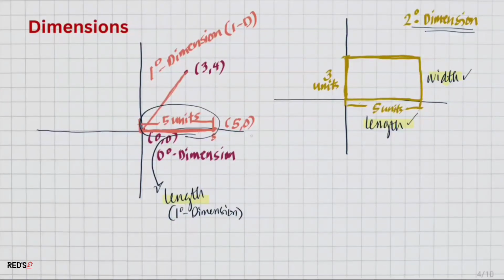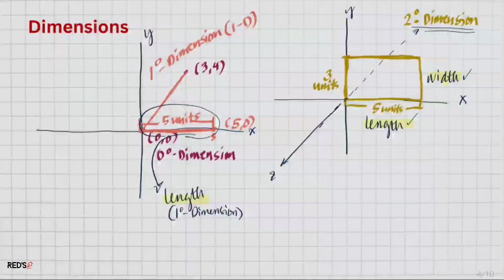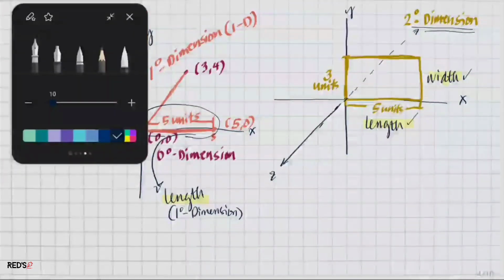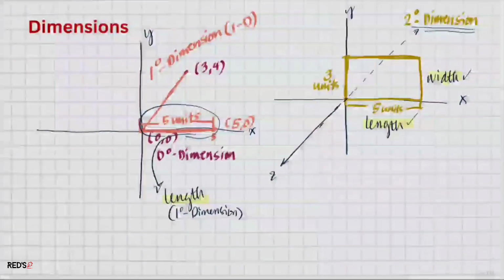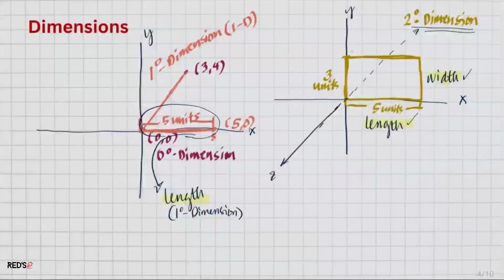Now, let's extend the Cartesian plane with a z-axis. Now, in the z-axis, that's a different story. So that's not anymore a 2D. Now we are making 3D.